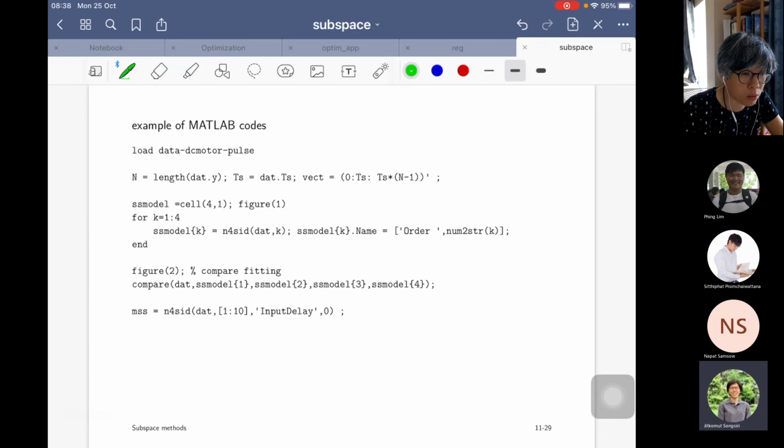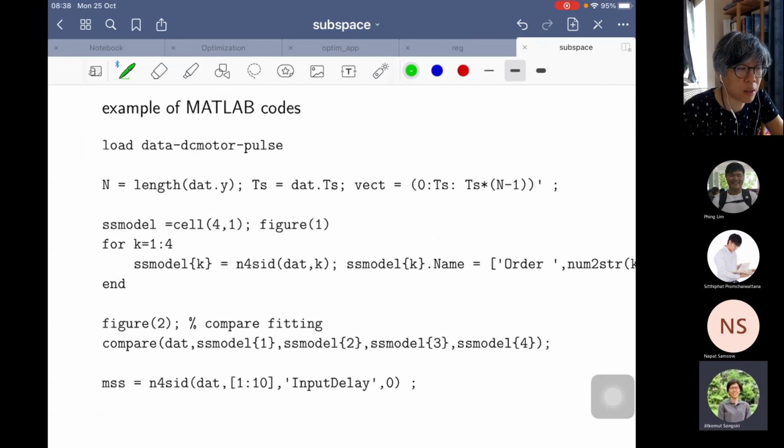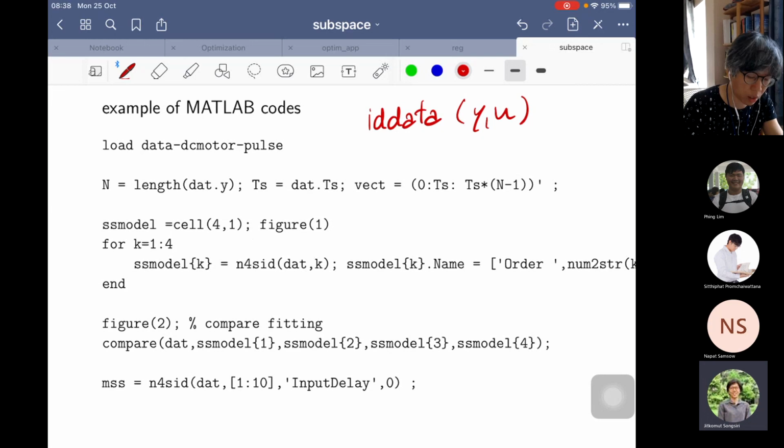Here's an example of the code. In the System Identification Toolbox, data are stored in a manner called the system identification object, which can be created by the command iddata. So you need to specify input and output.